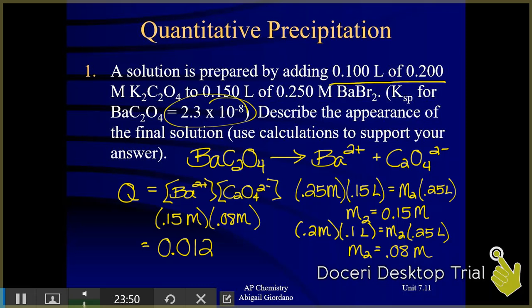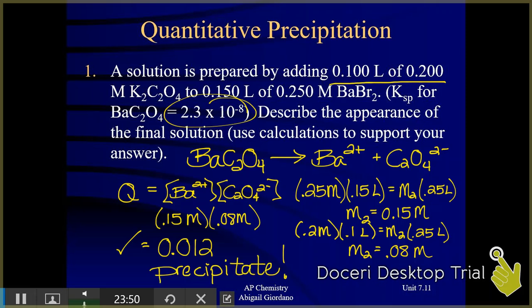I can see that this Q value that I have right here is much, much larger than the KSP value. And if you look back on the previous slide, if Q is greater than K, we are going to get a precipitate.